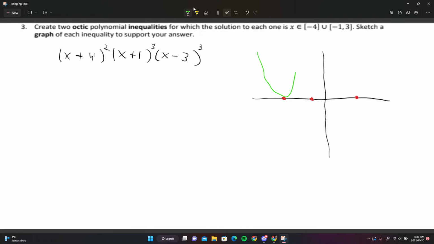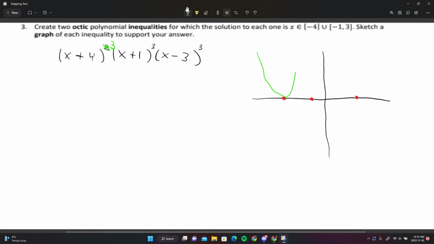But say it was actually just x plus 4 to the power of 3. Instead of looking like a parabola, it would come down from quadrant 2, do that weird flex thing, and then go down into quadrant 3 rather than staying in quadrant 2. And it would also make the function negative from -4 onward to our next x-intercept, maybe.